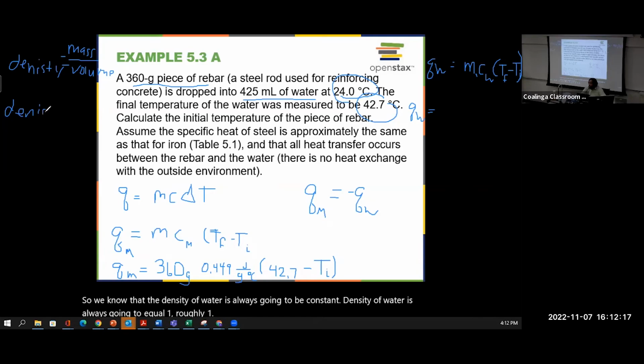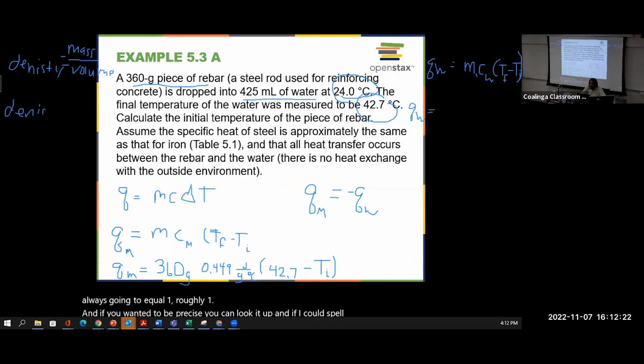If you want to be precise, you can look it up.